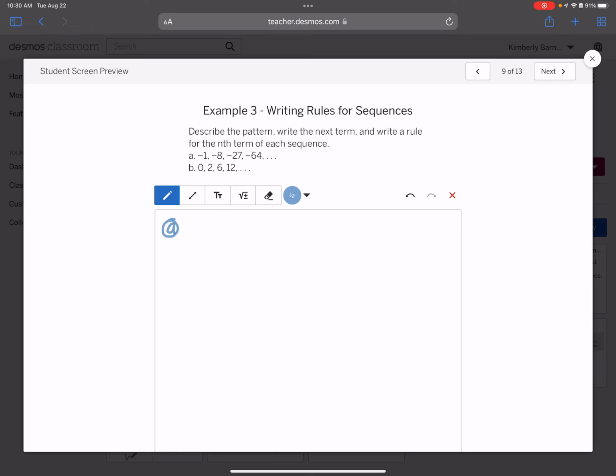So what I'm noticing about this, first of all, is they're all negative. And then if I think about this, -1 is the same thing as -1 to the third power. -8 is like I'm taking -2 to the third power. -27 is like I'm taking -3 to the third power. And -64 is like I'm taking -4 to the third power.